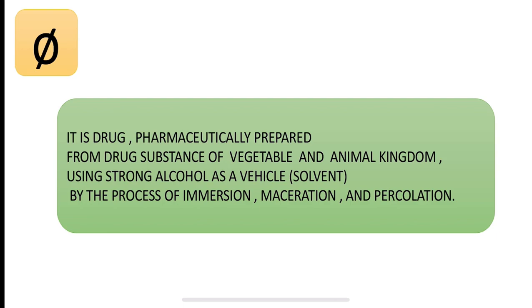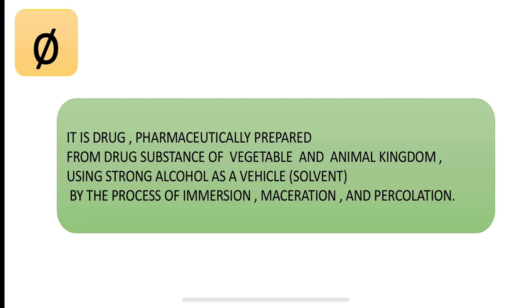That is immersion, where you are soaking the drug substance in the vehicle. And then they are talking about maceration, which is also a kind of immersion, where you are soaking the drug substance and obtaining the liquid out of the drug substance. And then we have percolation.